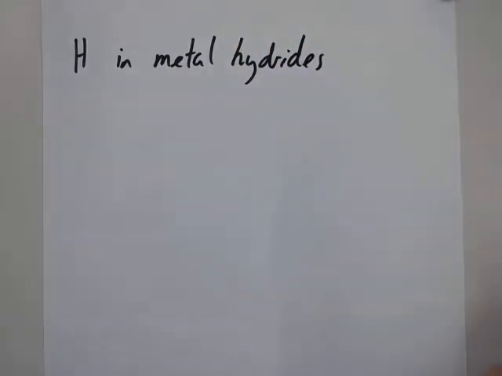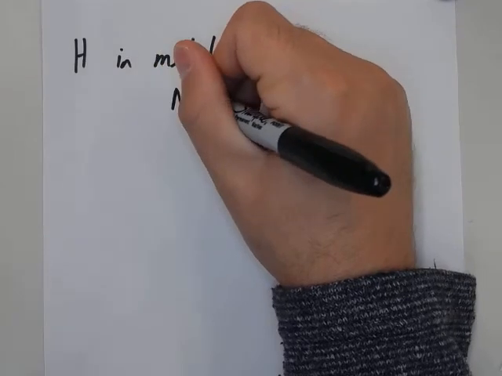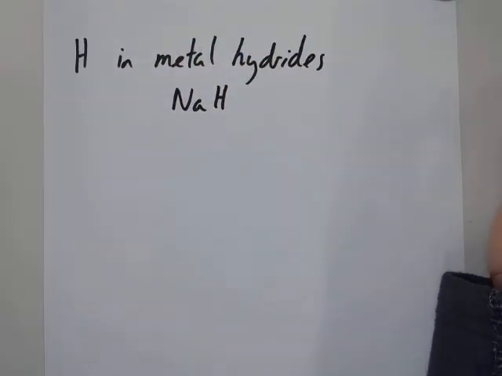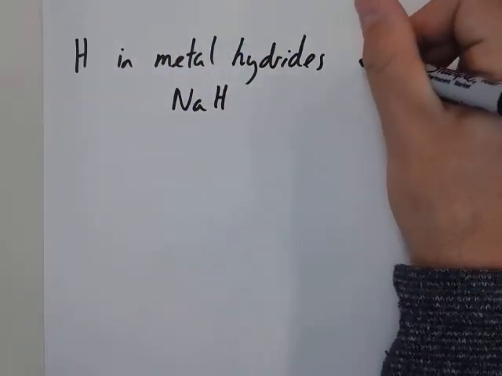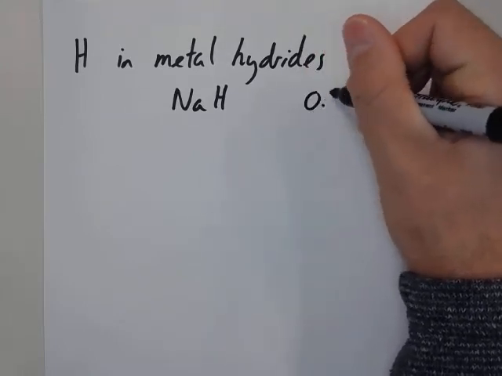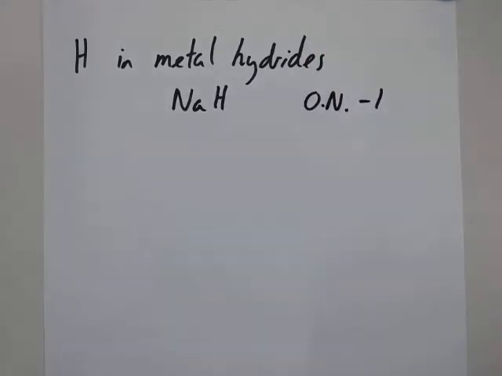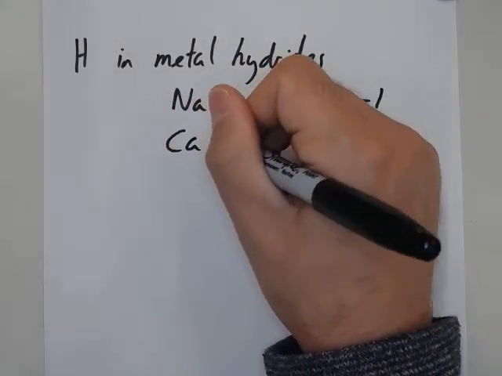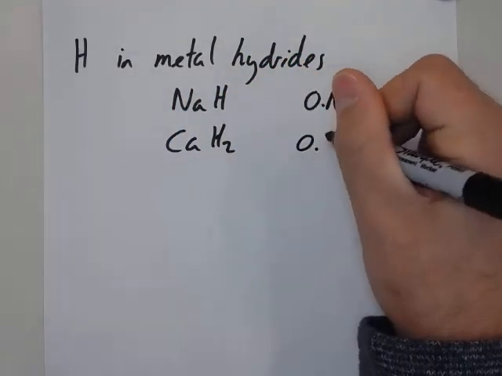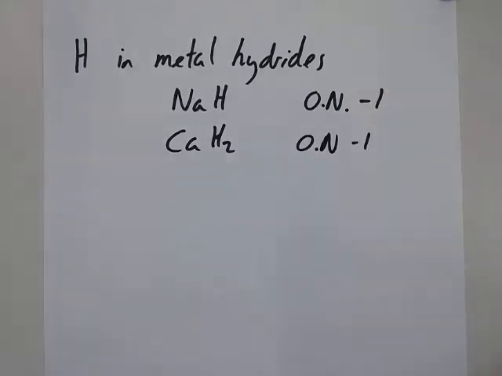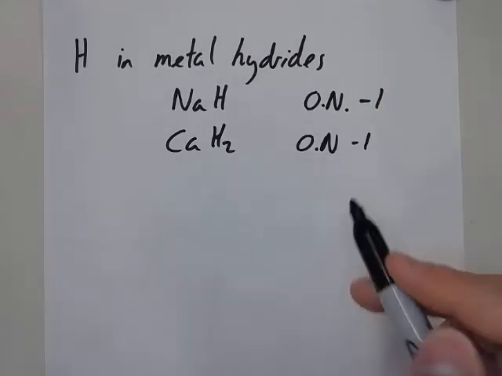Now, metal hydrides we don't see very often, but a metal hydride would be a metal with hydrogen. In this case, the hydrogen oxidation number is -1. So another example will be here. Oxidation number of hydrogen is still -1. There's 2 of them, but each one is -1.